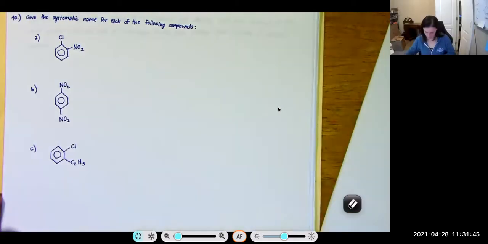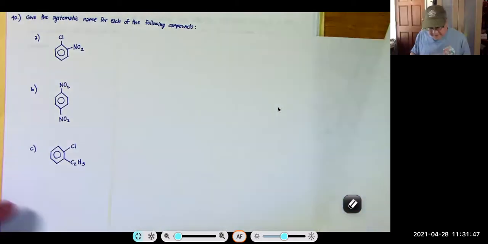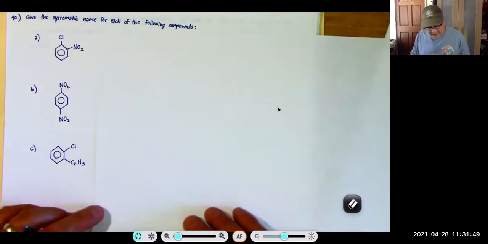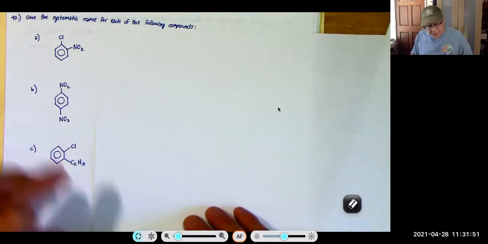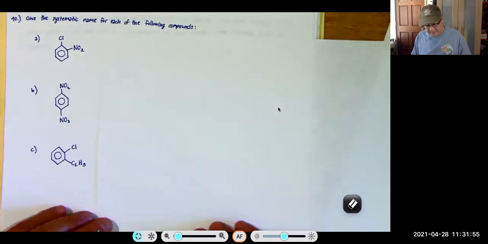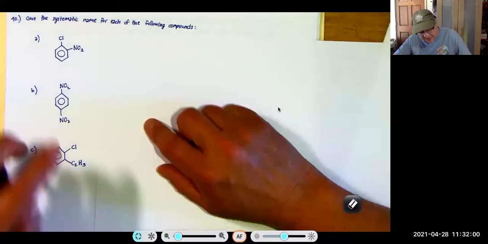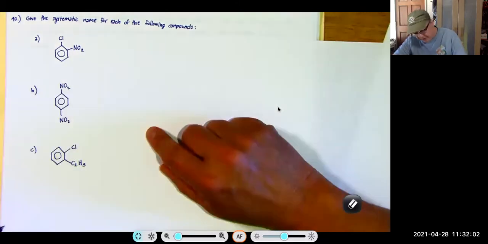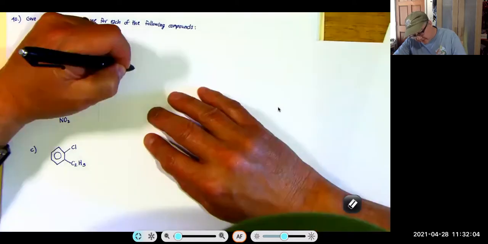Okay. This one is fairly straightforward. These are benzene rings with substituents attached to them. And the way you name them is based on the orientation of the two substituents. So this is a benzene ring.